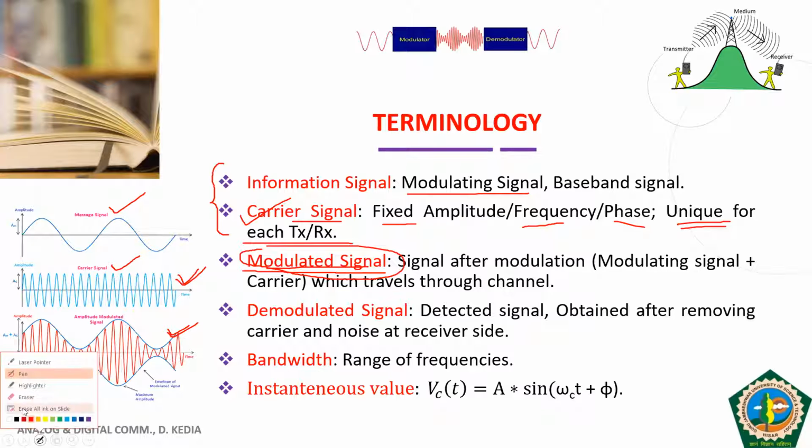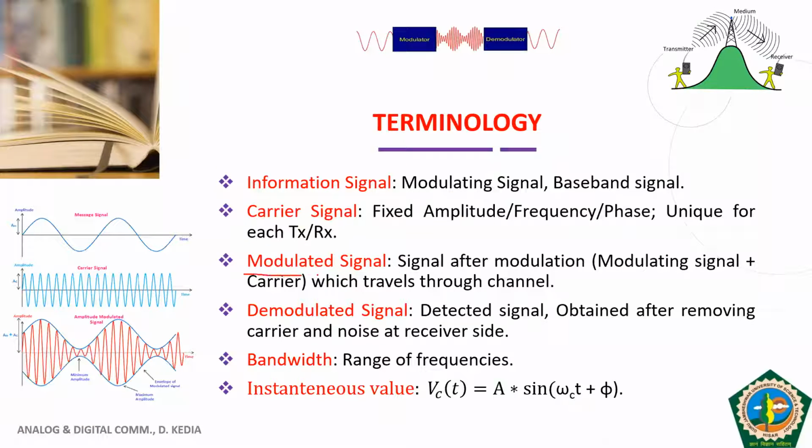Remember this: we have the modulating signal superimposed onto the carrier signal, and we get modulated signal. Focus on this. Amplitude modulated signal means the signal which has been obtained through amplitude modulation. Modulated signal means signal obtained after modulation.